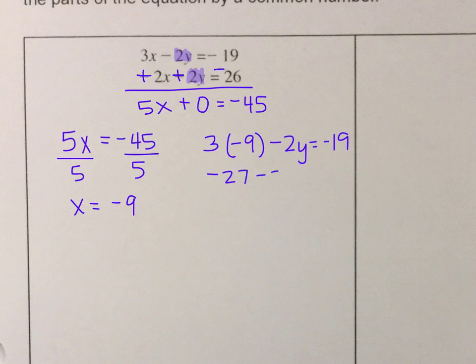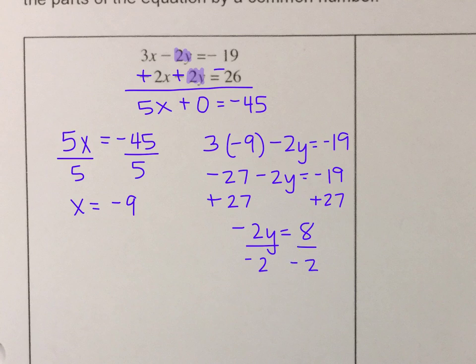Negative 27 minus 2y equals negative 19. Let's add that 27. Negative 2y equals 8. We're going to divide by negative 2. Y equals negative 4. So our final answer is negative 9, negative 4.